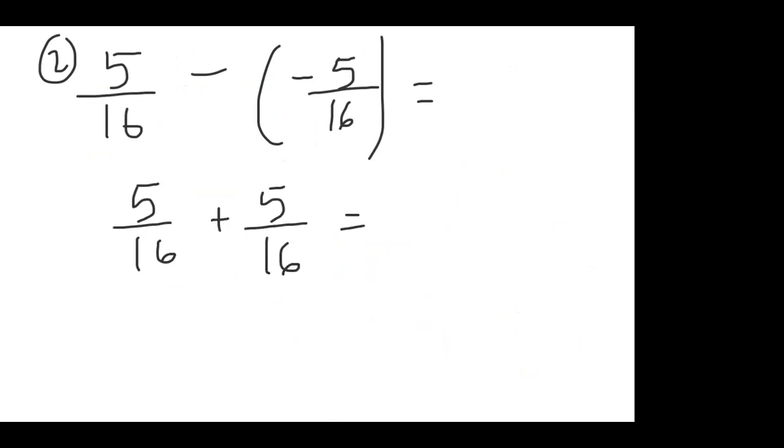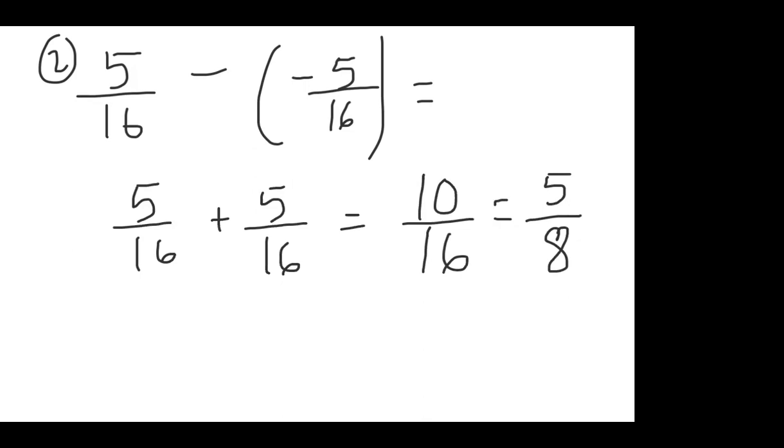When you add them together, you get 10/16. Because both 10 and 16 are even, you have to simplify this. You can't leave the answer like this, guys. So reduce the fraction. 10 divided by 2 is 5. 16 divided by 2 is 8. All right, guys. So those are very straightforward.